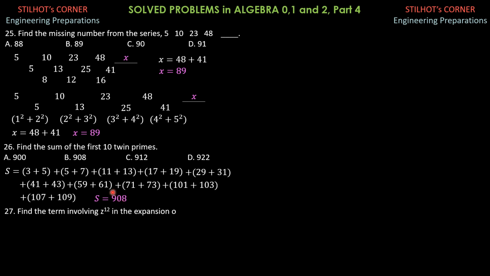So next, problem 27. Find the term involving z to the 12 in the expansion of quantity z squared minus 1/2 close raised to 11.